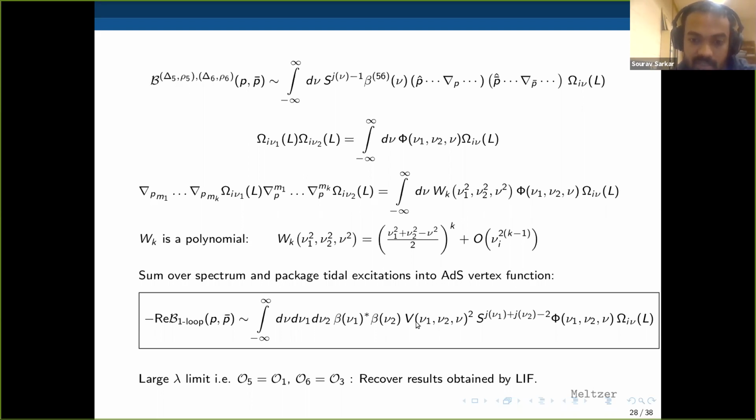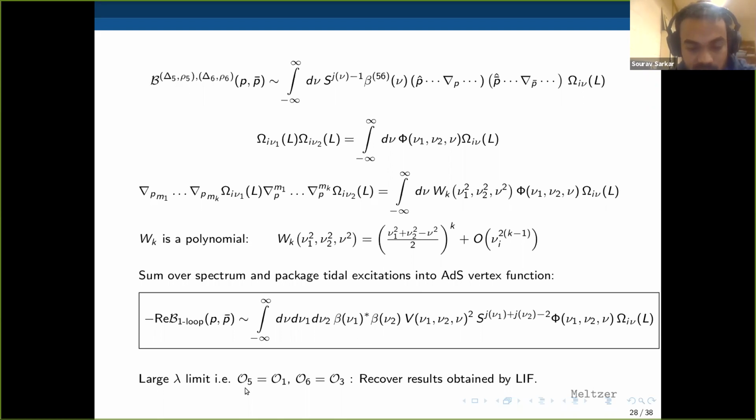This makes sense because this V is 1 in the large 't Hooft coupling limit, when the only contribution that would matter is the scalar ones, because we took the external particles to be scalar, and in the large 't Hooft coupling limit, the exchanges that dominate are when the exchanged operators are equal to the external operators.